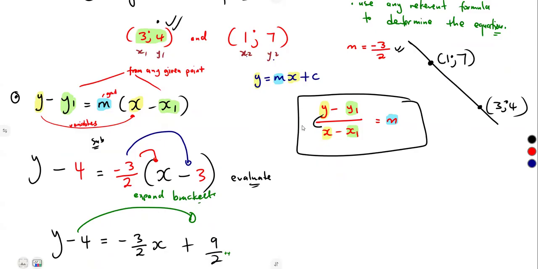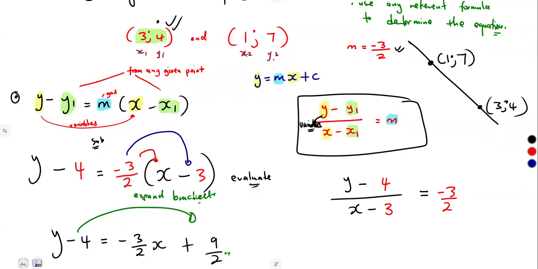Remember, these are variables. We do not have a substitute for that. So that's y minus y1, the value of y there, which is 4, over x minus x1, the value of x from the point which is 3. That is equal to the gradient m. The gradient that you calculated here, minus 3 over 2. So that is it, just like that.